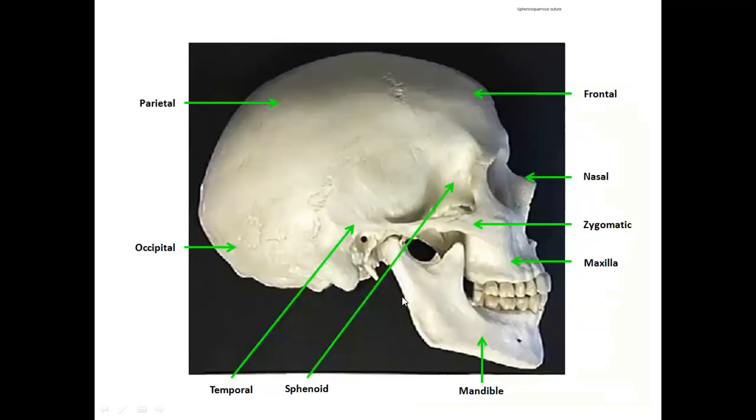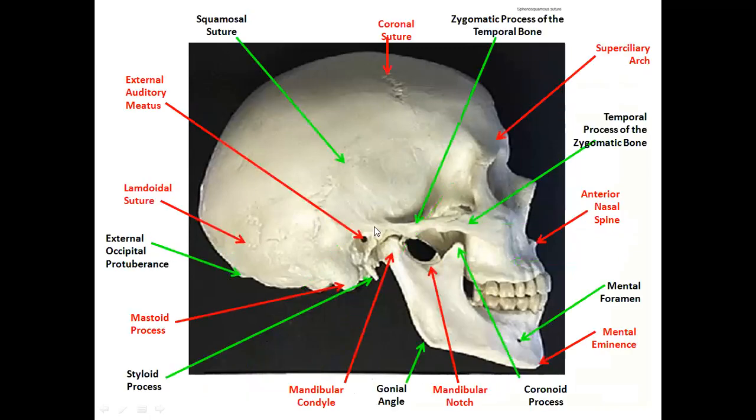Okay, let us see. So this is the lateral view of the skull bone. Nothing new, the same names have been repeated for our convenience. The sutures are shown. I told you this is the external acoustic meatus. Remember, mastoid process. This is the styloid process. This is the gonial angle, which is nothing but the angle of the mandible.